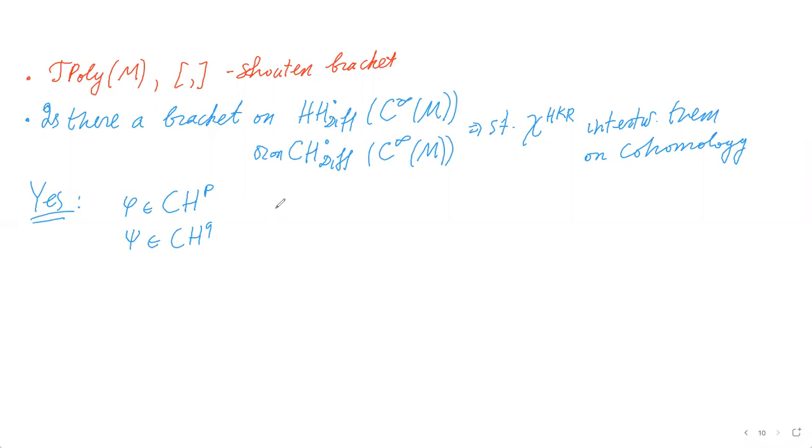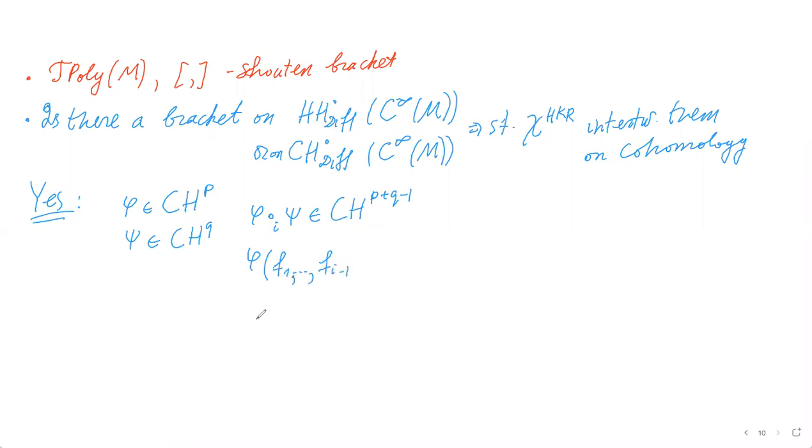Then you can obtain a cochain, which is usually denoted by phi circle sub i psi, which will be a somewhat strange, not p plus q, but p plus q minus 1 cochain. And it is given by the following trick. You take phi, you take functions f1 through f i minus 1.